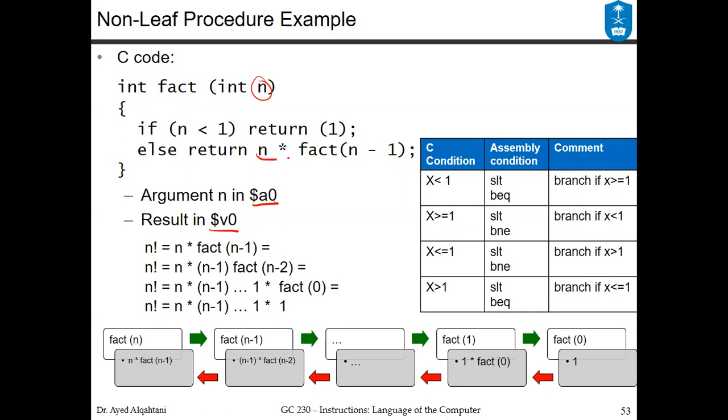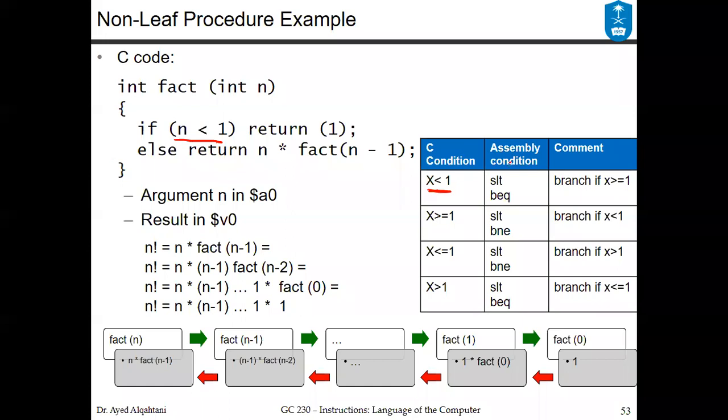So automatically, this value will be saved in $v0. Now, this table helps you when you are dealing with comparisons like less than, greater than or equal, less than or equal, and greater than. So in our case, we have less than, which is this one.